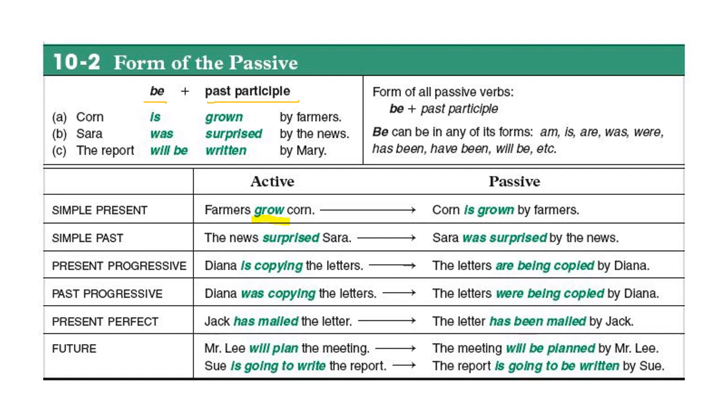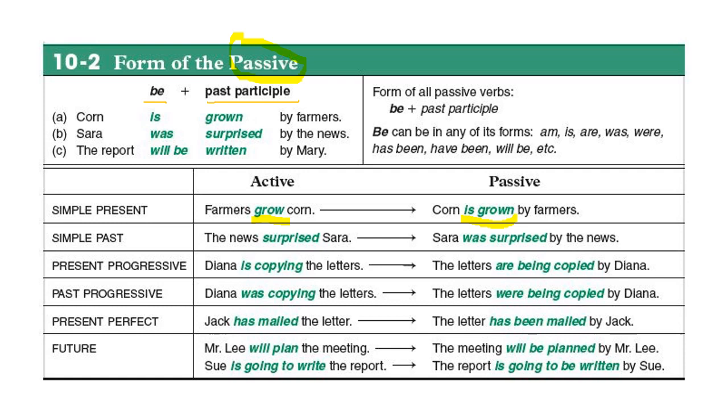As it is simple present, I need to write it in the passive voice also in present. Corn is grown by farmers. Remember, I need to use the passive voice, and the passive of grow is grown. In the second example, the news surprised Sarah.